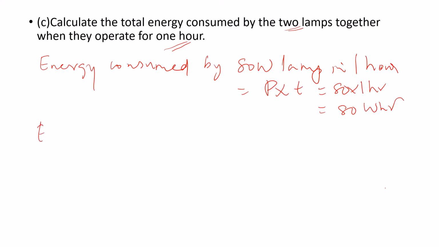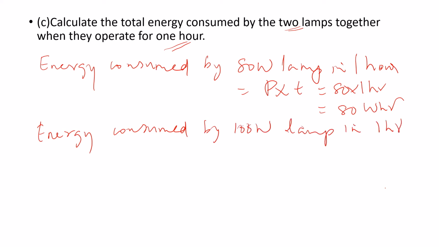Again, energy consumed by 100 watt lamp in 1 hour is equal to, again, power into time. So 100 into 1 hour, and that is 100 watt hour.